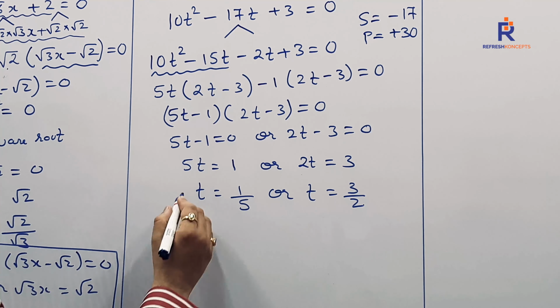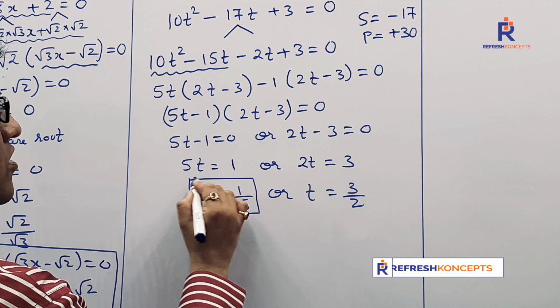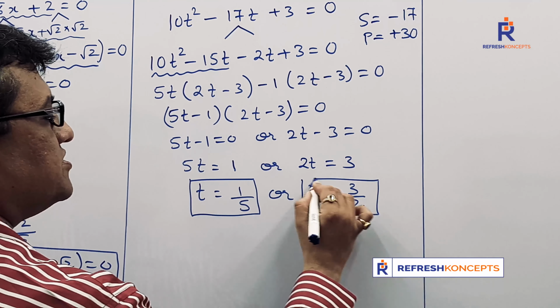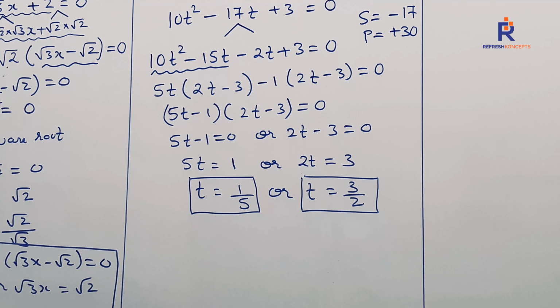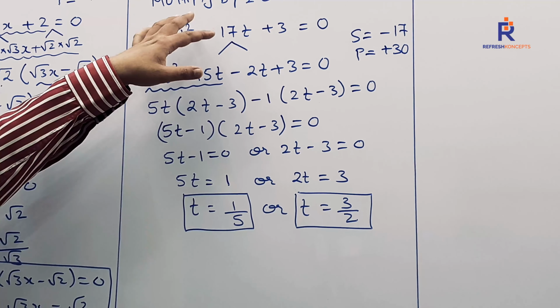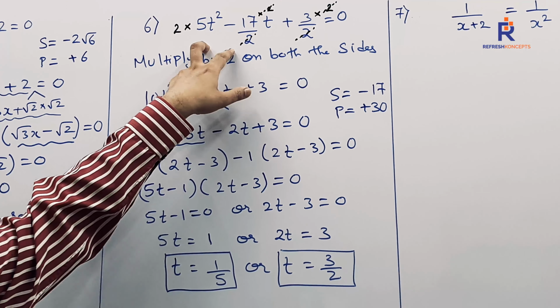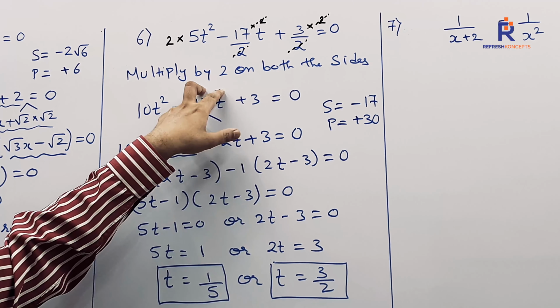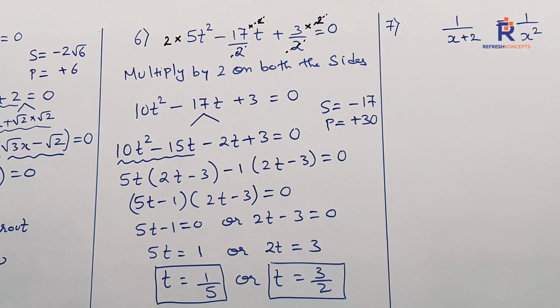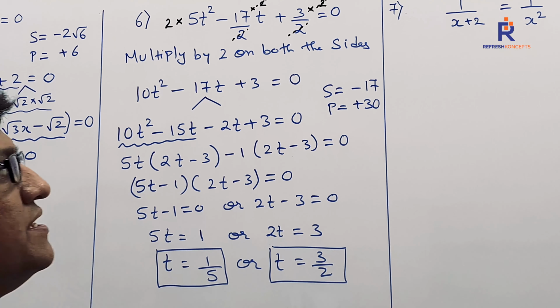So we have the answers, t equals 1 by 5 or t equals 3 by 2. I hope this was very easy. We only had to frame this into standard format. How did we do it? We went for LCM, and thereafter it was absolutely the same.